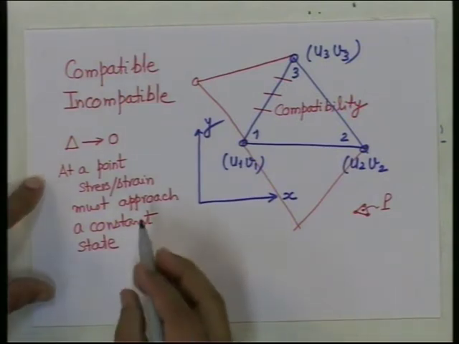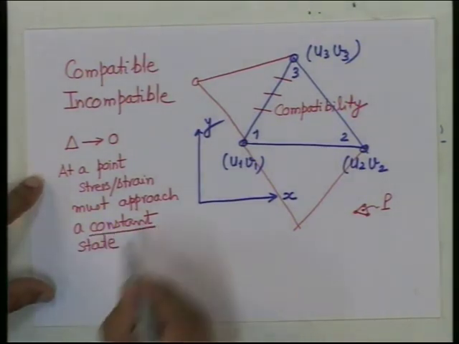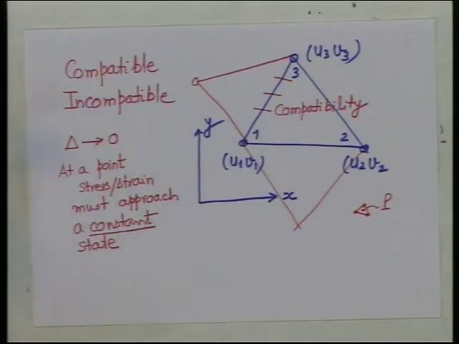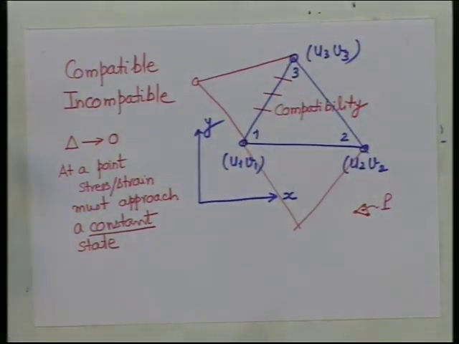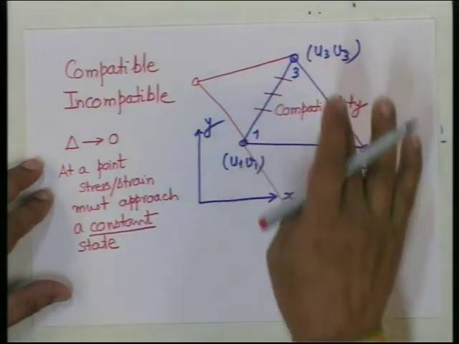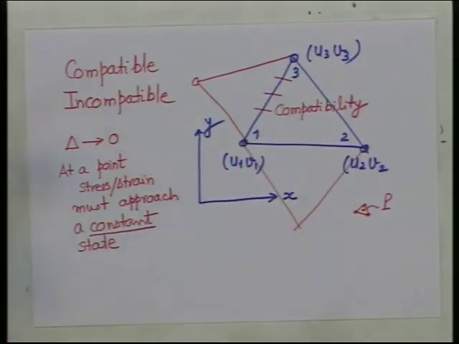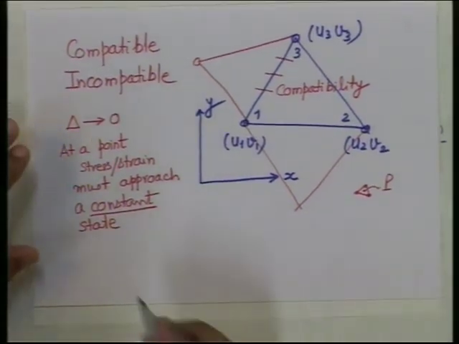And this element has a unique property that, forget about a point, even over any finite area, stress and strain are constant. It is a constant strain triangle. So, right from the beginning, stress and strain over the element are constant. So, this is satisfied.